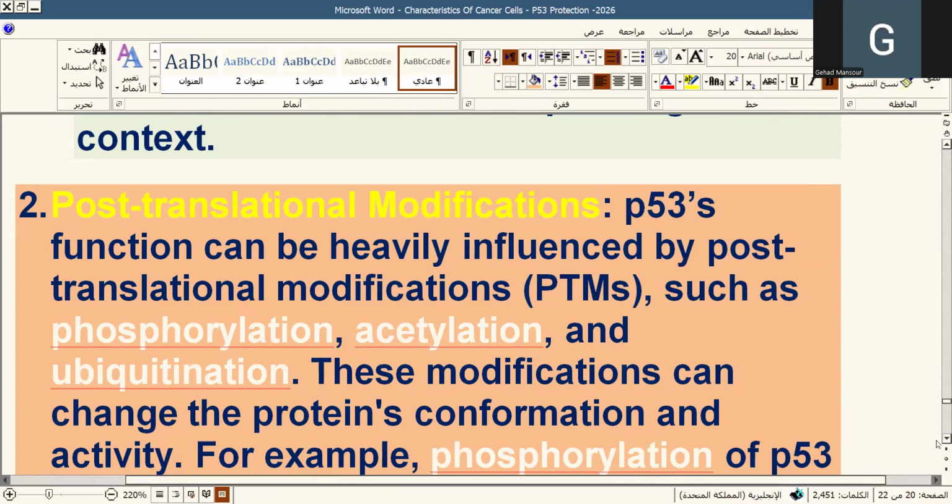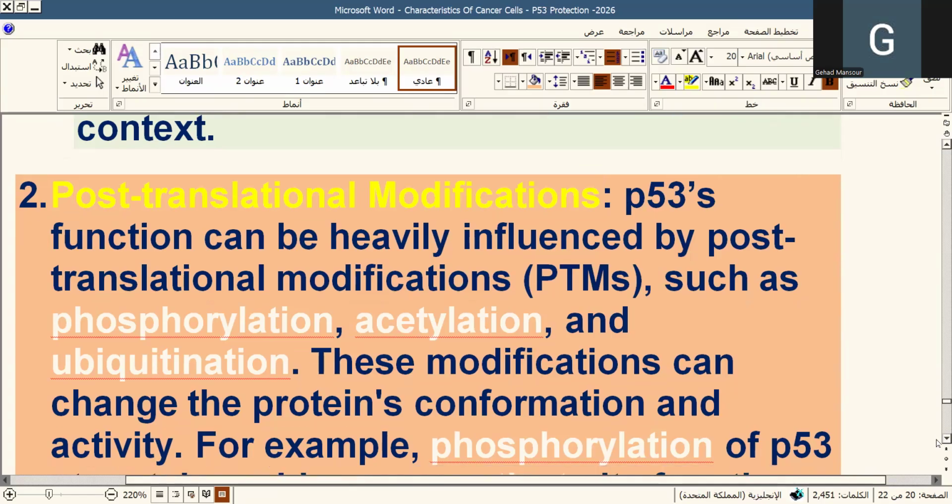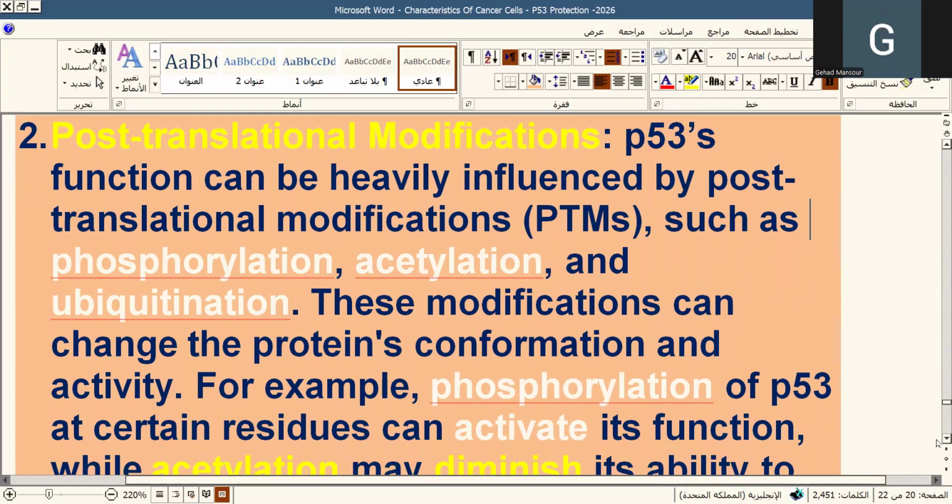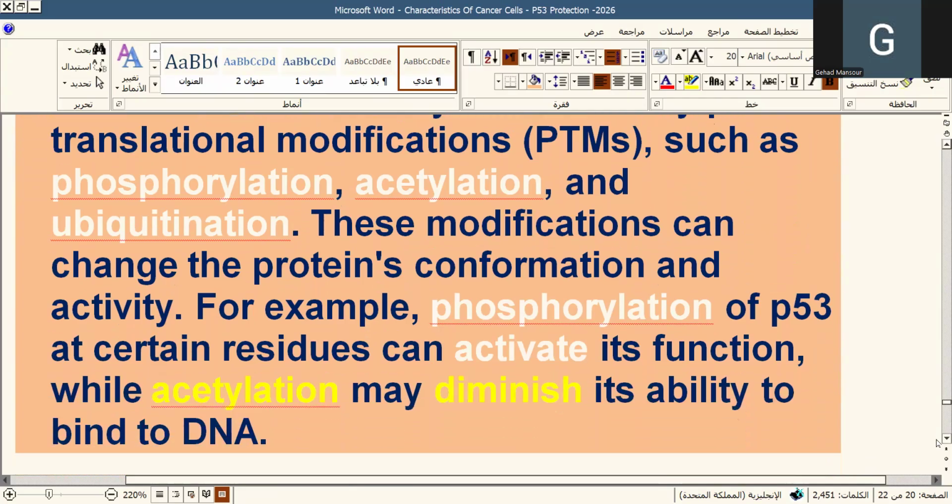So P53 itself, after being translated from its gene, can undergo one of three processes. The first one is phosphorylation, the second one is acetylation, and the third one is ubiquitination.